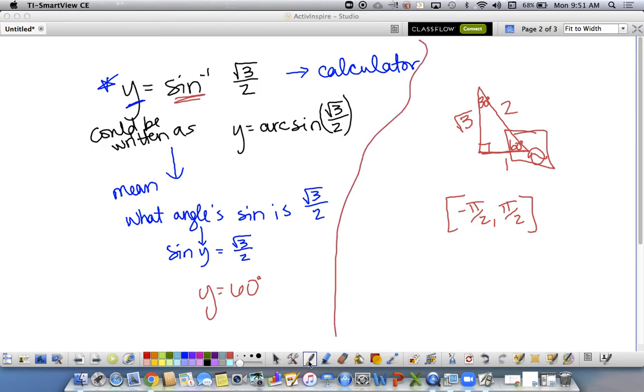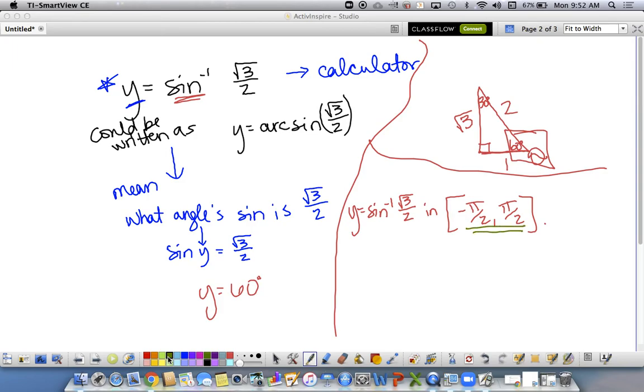if my problem had really said, are you ready for my squiggle board? If your problem really said y equals sine inverse of the square root of 3 over 2 in the interval of this, find your y. Okay? Would y equals 60 degrees been an appropriate answer? No. And why not?